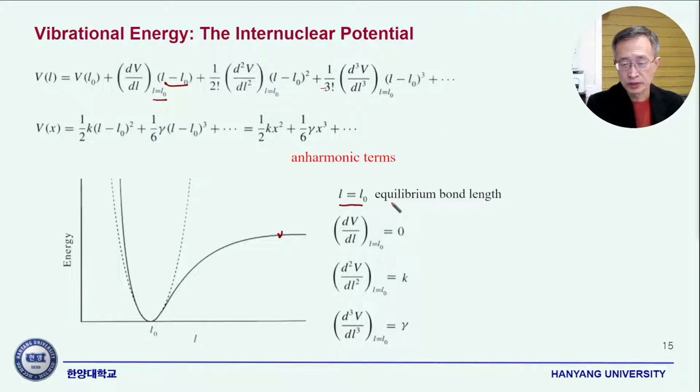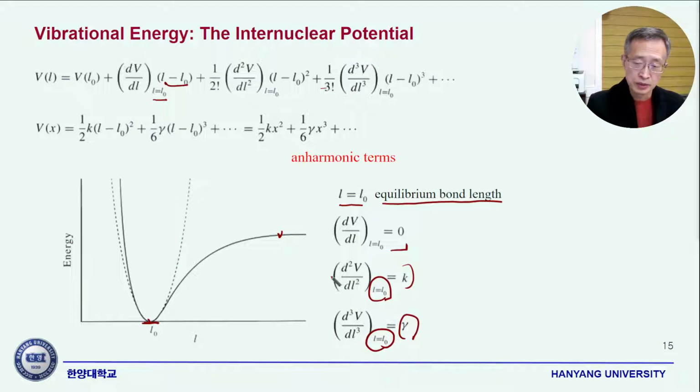L equal L0 is the equilibrium bond length, so dV/dL equals 0 at that point. The second derivative is a constant at this point, and the third derivative is also a constant, evaluated at L equal L0.